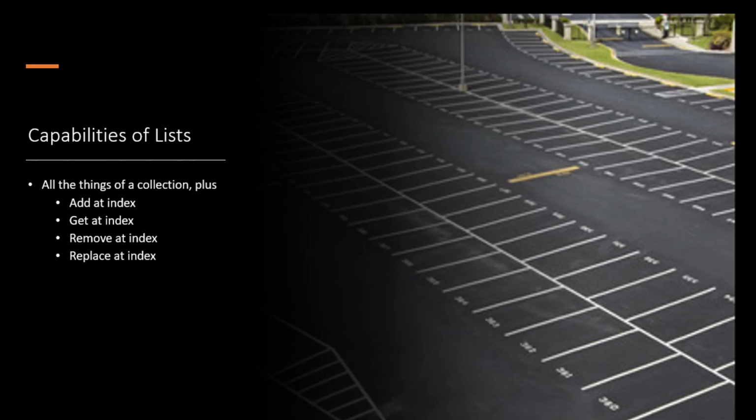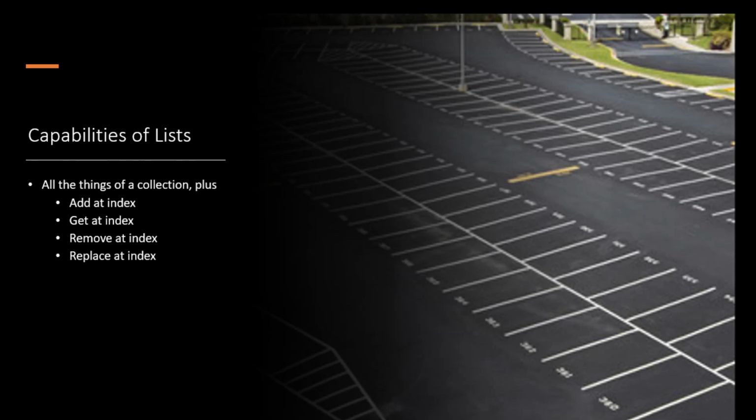Typically, if you go to a store, it's first come, first served. Most people park as close to the store as they can. A few might choose to park further out because they're trying to protect their car, or they want the extra walk, whatever the reason. But for the most part, they stack up front. That's the basic functionality of a list.